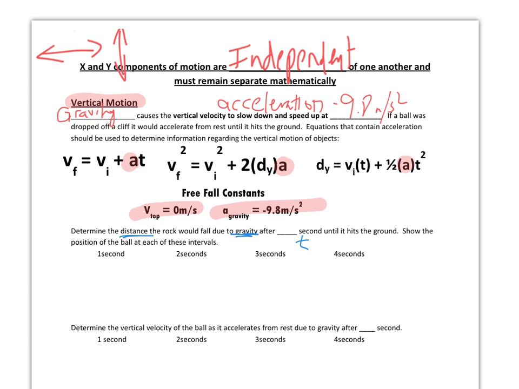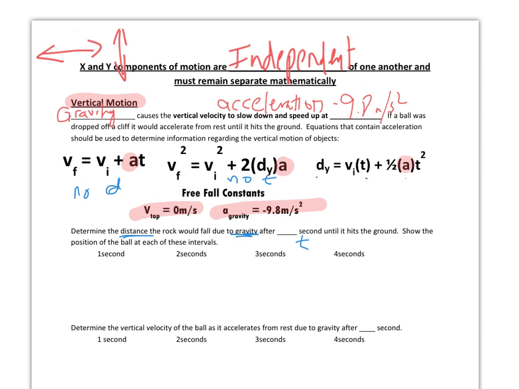So my best equation of these ones above would be, well, this one doesn't have a distance, so that won't help me calculate how far something has fallen. This next one doesn't have a time component, so knowing how long that object has fallen wouldn't be useful to use that equation. My third equation has that distance component, our time, as well as our acceleration of gravity. So this is the equation that we are going to use in order to calculate how far something falls in a set amount of time.